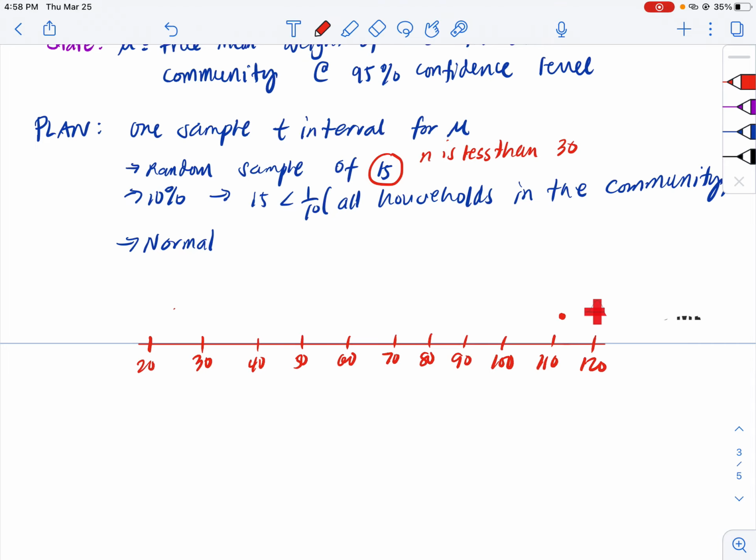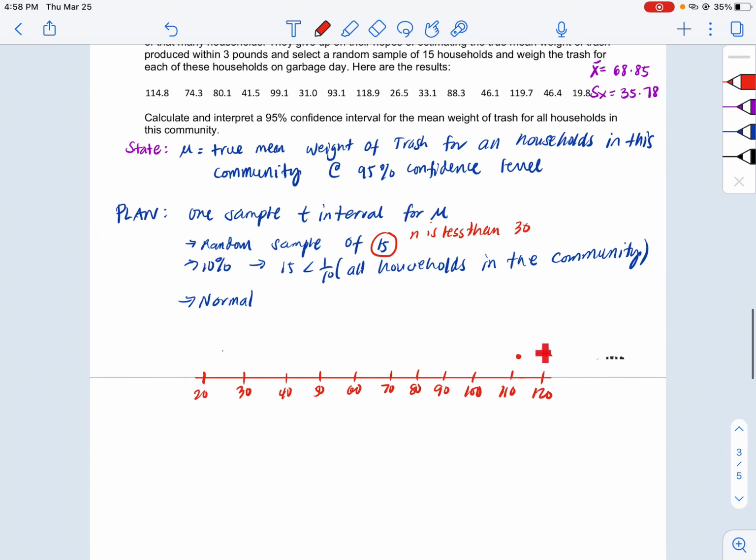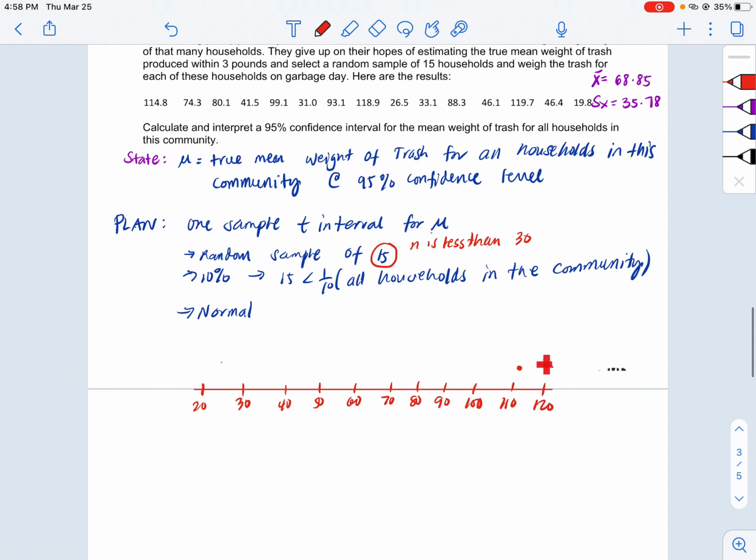Next is 74.3, somewhere in this area. 80.1, 41.5, 99.1, 31, 93, 118.